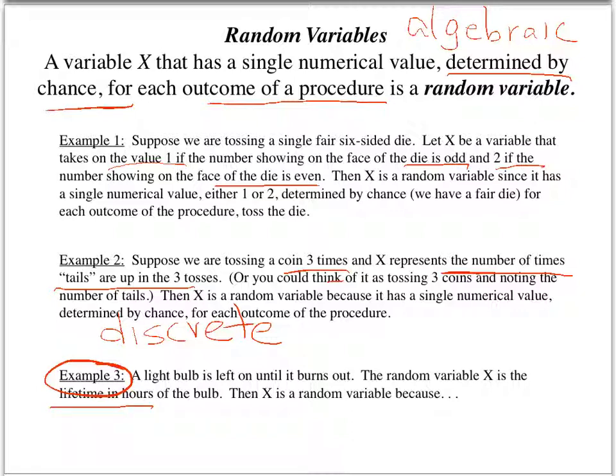So this X is a random variable because once the light burns out, then you know the single value that it is, and this is determined by chance. I suppose you could argue how that works exactly, but the lifetime of a bulb is a chance item. And so we see that we have a random variable in this situation as well.